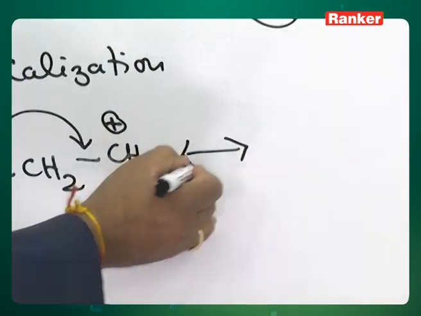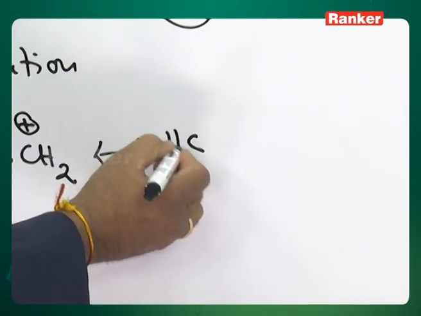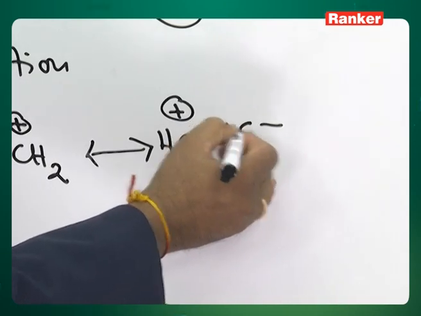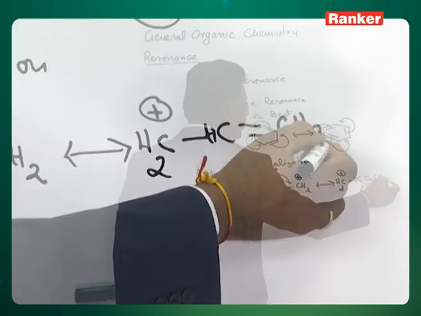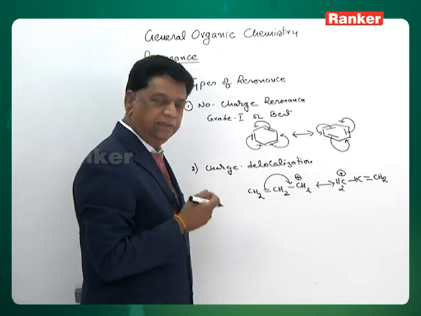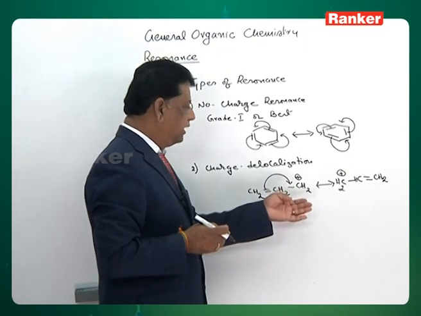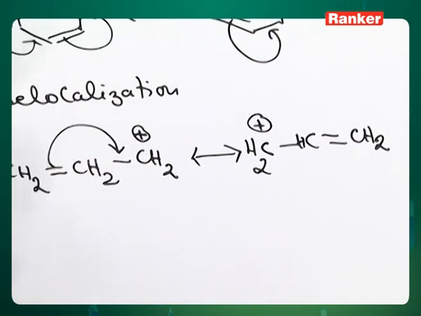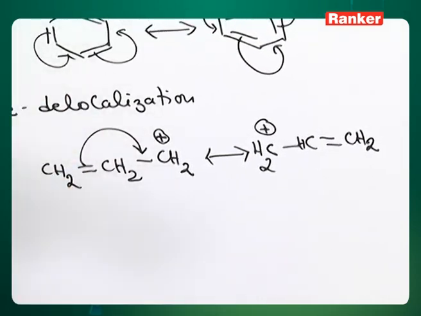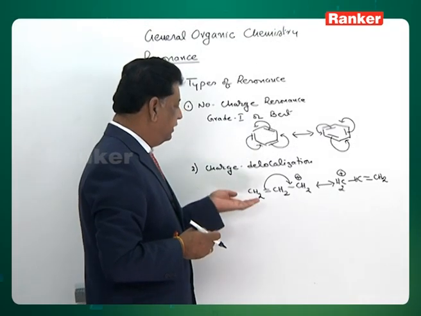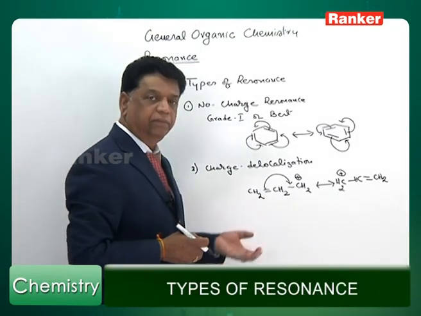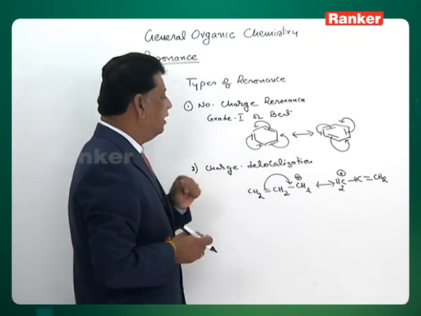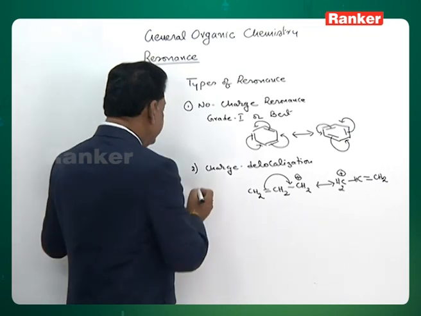So, first one is having charge, second one is also having charge. The position of the double bond is changed, that means the reactivity of the double bond is decreased. The positive charge is the problem, the problem is shifted from one place to the other or shared, so therefore the problem is reduced. Either way you can explain that the allyl carbocation has become stable. But the stabilization when compared with this one, it is not like this. So, you can say this is grade 2 type.